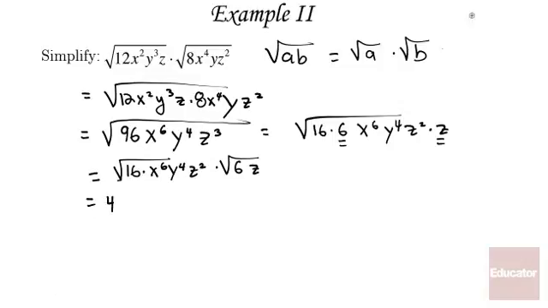Now, recall working with even powers. If I have a variable raised to an even power, if I have the square root of x to the 2n, I'm going to end up with the absolute value of x to the n.